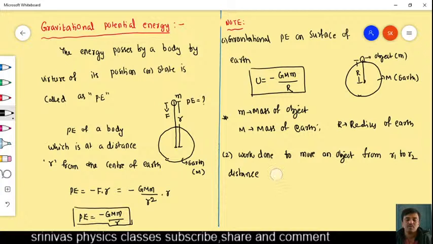I want to move an object from R1 to R2 distance from the center of Earth. Our distance is measured from the center of Earth. You see here, this is Earth. Initially the object is at point A, at R1 distance from the center of Earth, and then finally I want to move the object from A to B. The point B is at R2 distance.